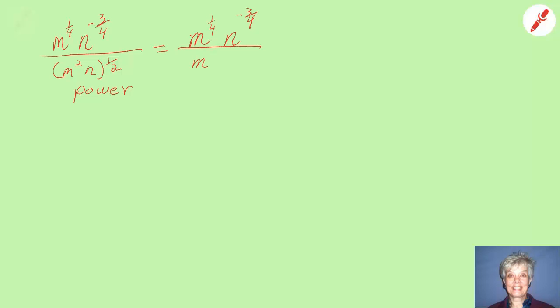So I'll have M to the 1 power, and N raised to the 1 power raised to the 1/2 power is going to be N to the 1/2 power.